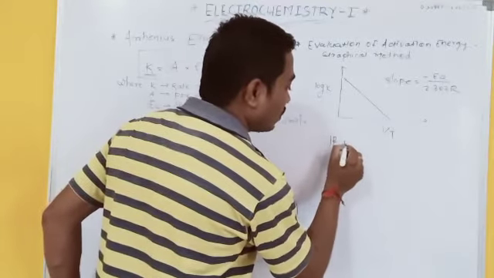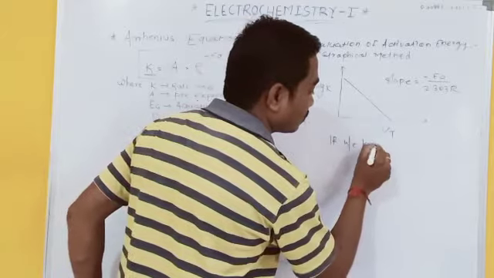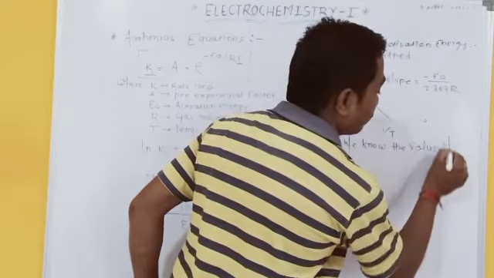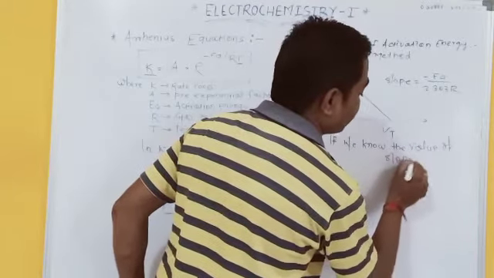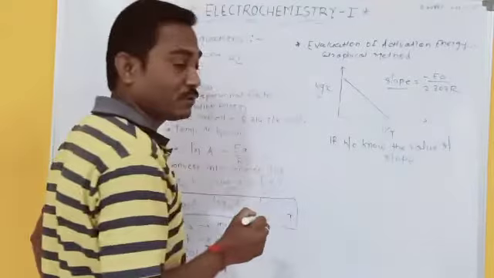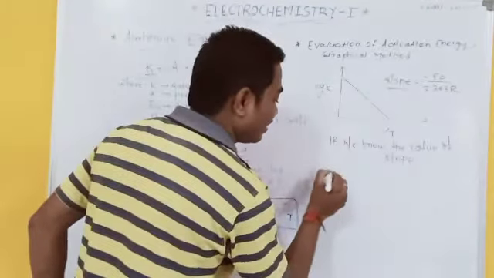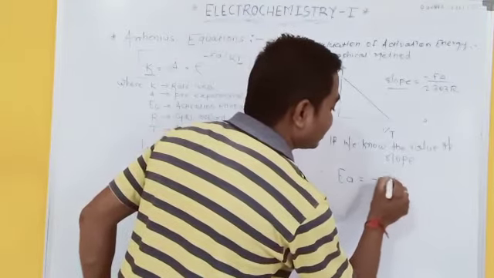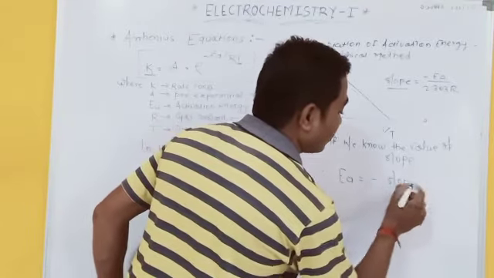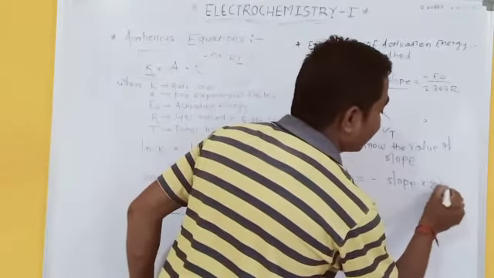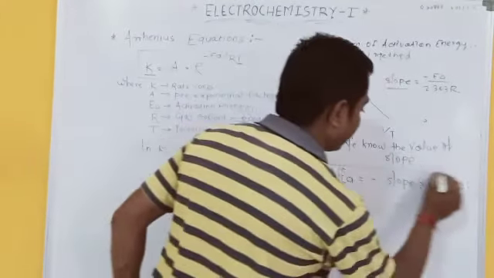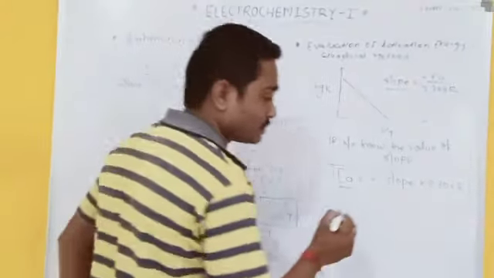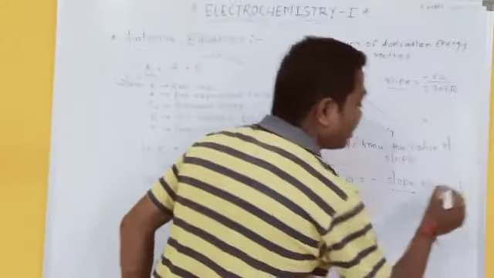If we know the value of the slope, then activation energy can be evaluated as minus slope into 2.303 R. That means in order to calculate the activation energy, we must know the value of the slope as well as the gas constant.